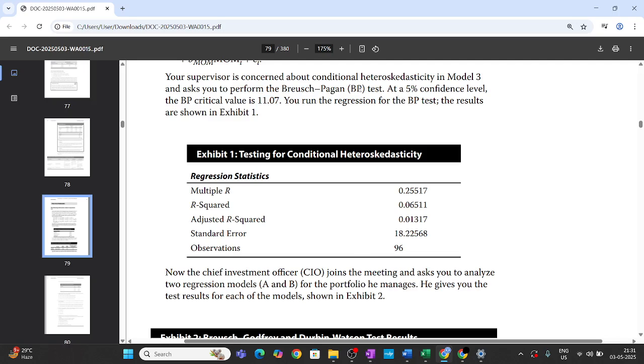तो कैसे निकालोगे test statistic गाइस? N into R square. N is 96, so 96 into 0.0651 कितना है?